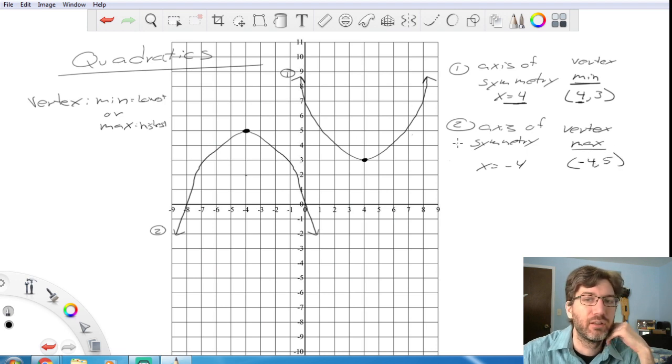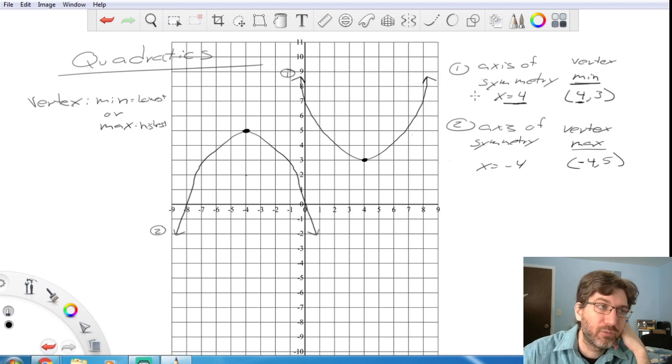So given a parabola, like the graph of one, if you get a picture of one, you should be able to tell me where your axis of symmetry is, and you should be able to tell me where your vertex is just by looking at it. And again, find your min and your max. That'll be your vertex.